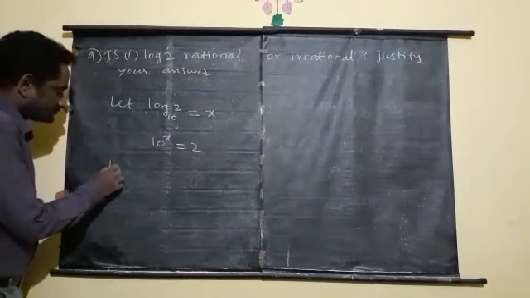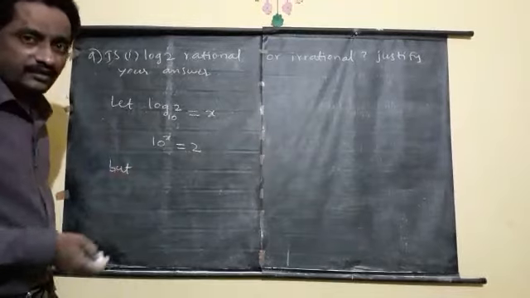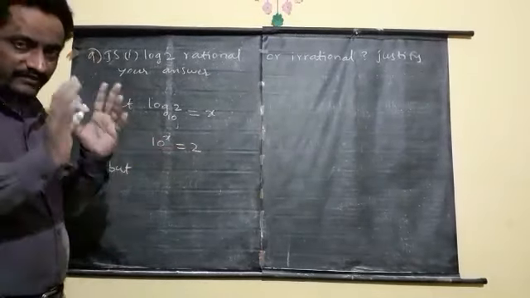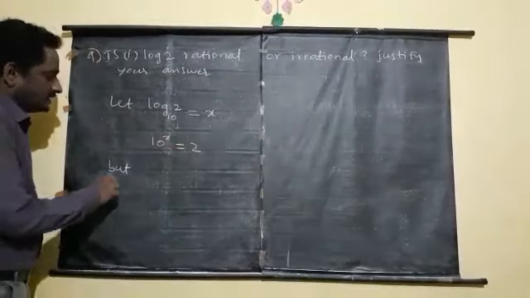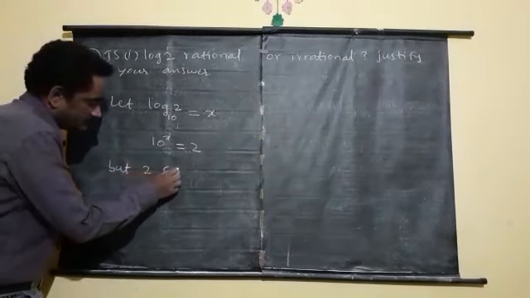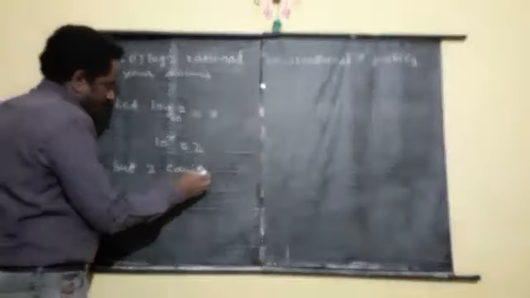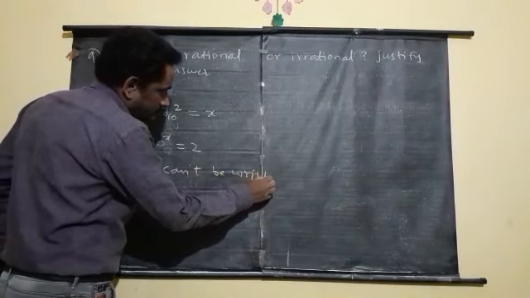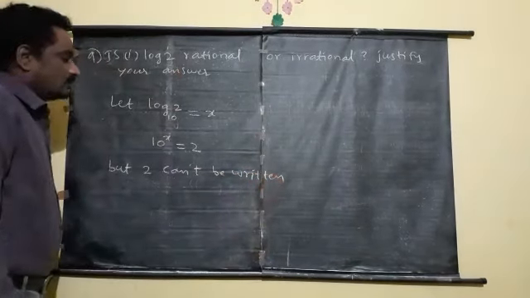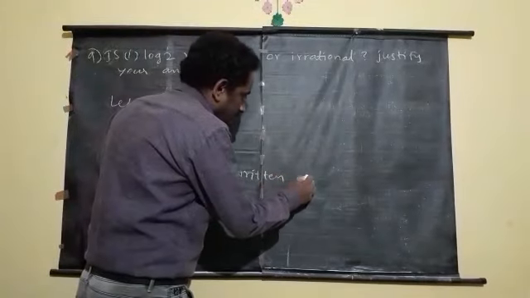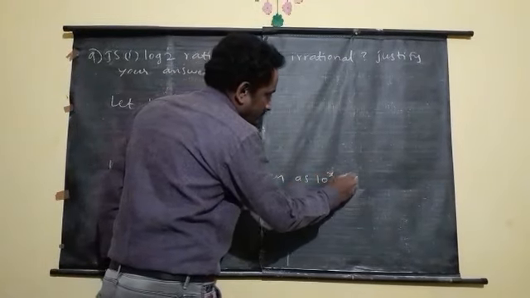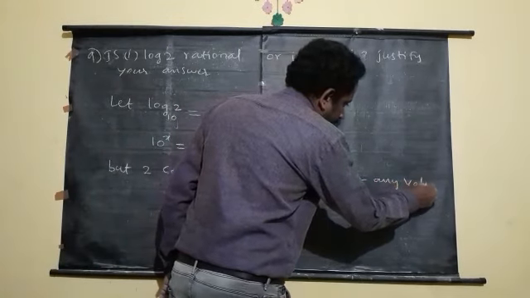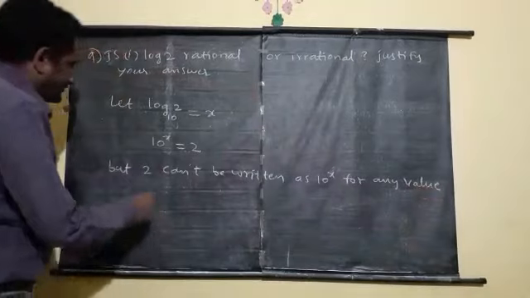See, 2 cannot be written as 10 to the power of x model, for any value of x.